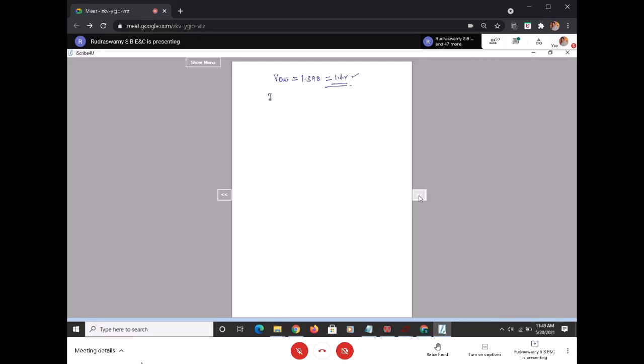And now we have to find out the W by L ratio of the second transistor, where IDS2 is given by 1 by 2 times mu n Cox W by L of 2 into. Now when we go with the VGS, we have something like this, right? This is VDD, this is the source, the drain, the source, the drain, this is V out, this is V in, this is VB.